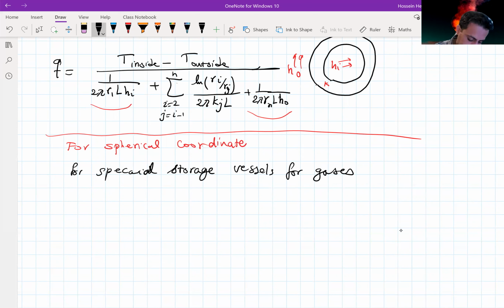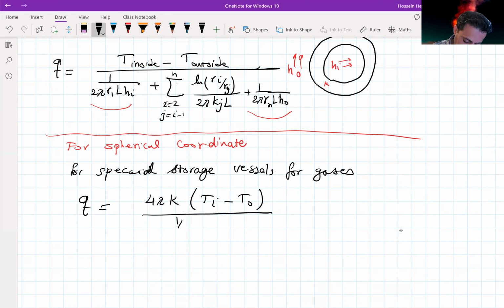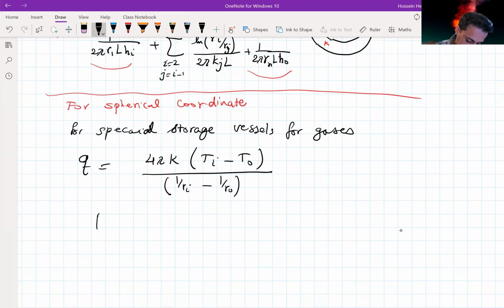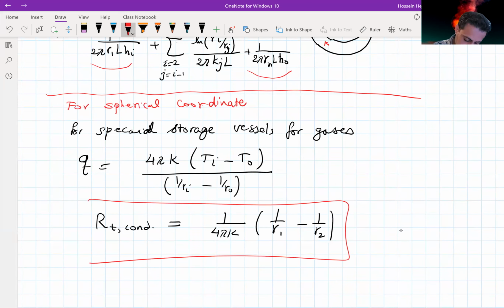Then we can arrive at the heat flow rate, which is going to be 4 pi k (Ti minus To) divided by (1 over Ri minus 1 over Ro). So the thermal resistance for conduction is going to be 1 over 4 pi k times (1 over R1 minus 1 over R2). I would recommend you go and derive it yourself.